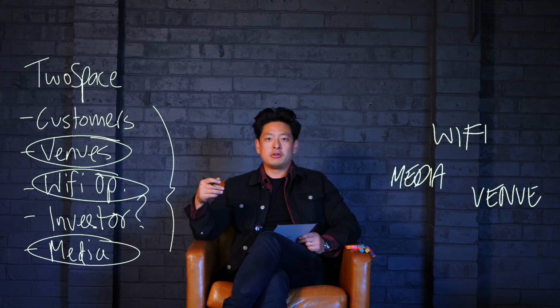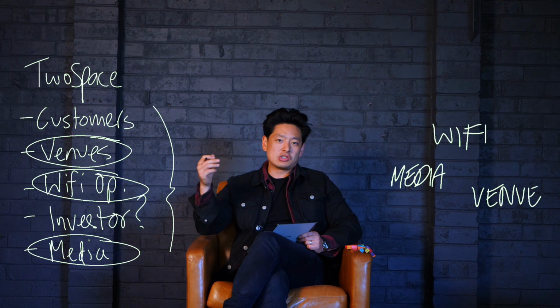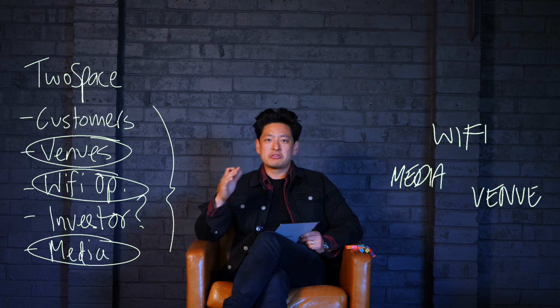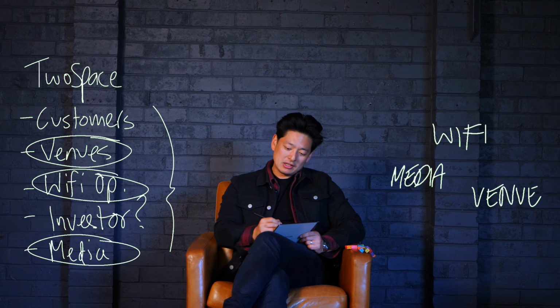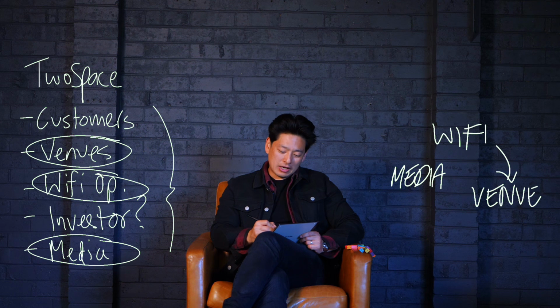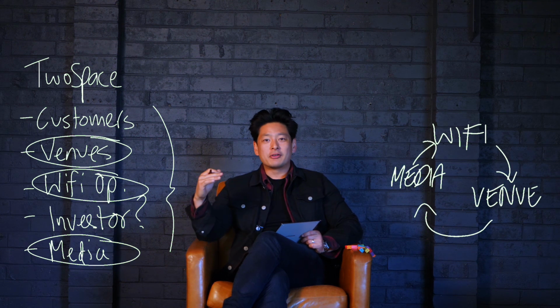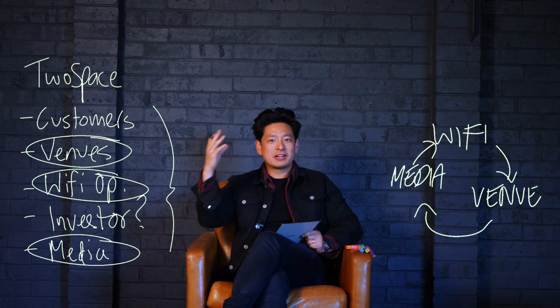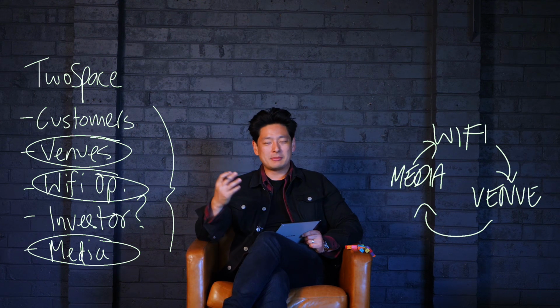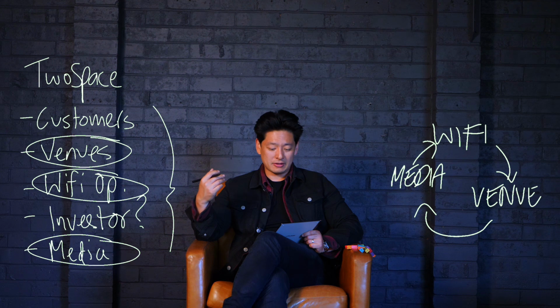Just get your first venue, make sure you have a well-known brand as one of your strategic partners, and get your first few customers, right? So by getting the venue, by getting the Wi-Fi, we were able to get the media. And the three of these things all happened concurrently at the same time in this chaotic but also very fateful manner. It was an amazing experience and we were super grateful for it.